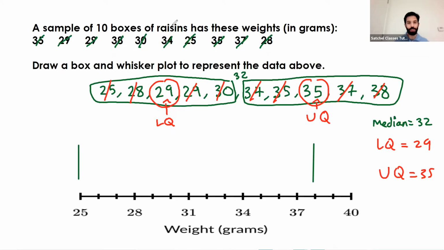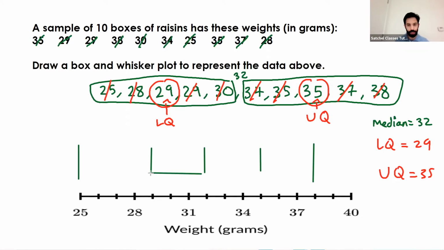Just need to plot the points on here. And if I go back to green, so we said lower quartile is 29, median is 32, and the upper quartile is 35.